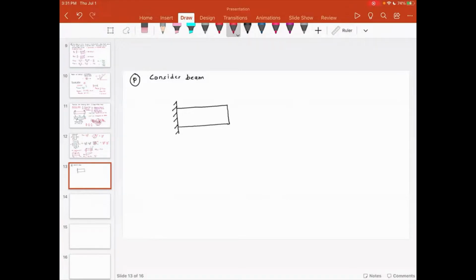In this beam, there is this load of 400 Newton, and this beam is of rectangular cross section.